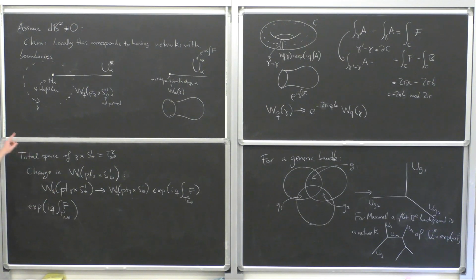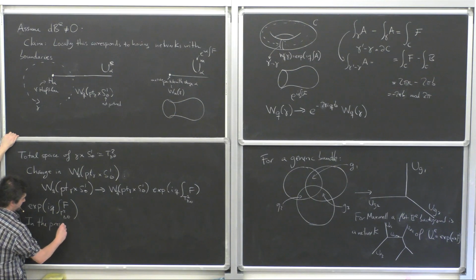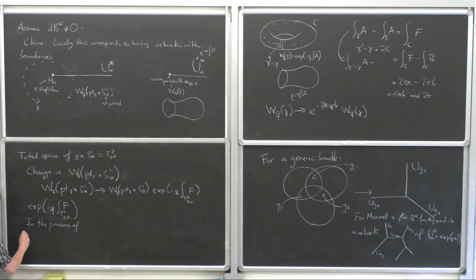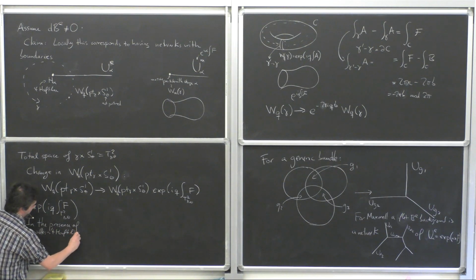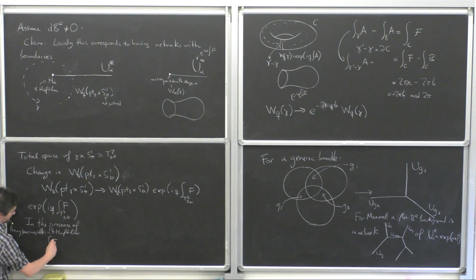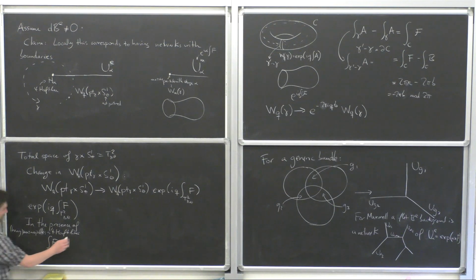Notice that in this case I have a monopole in there, and in the presence of heavy monopoles or 't Hooft lines, the integral of f on a two-cycle around the monopole is equal to 1, just to say the monopole charge.